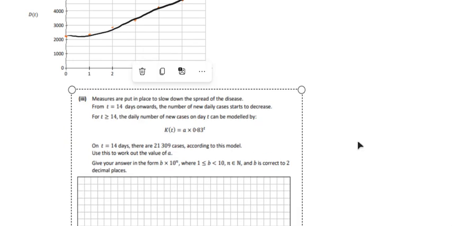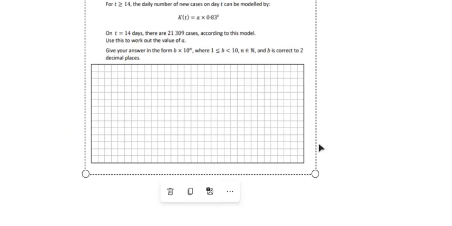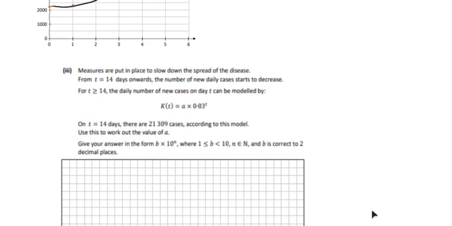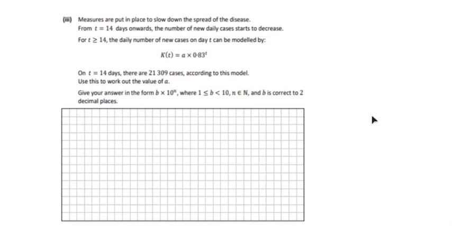So measures are put in place to slow down the spread of the disease. From t equals 14 days onwards, the number of new daily cases starts to decrease. So for t greater than or equal to 14, the daily number of new cases on day t can be modeled by this. So on t is 14, there are 21309, so you can sub that in.